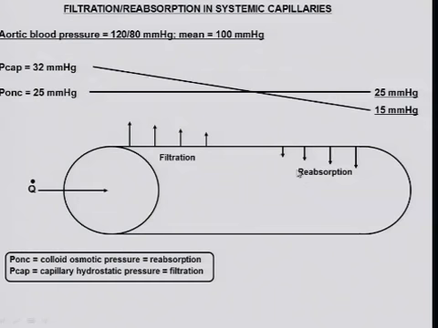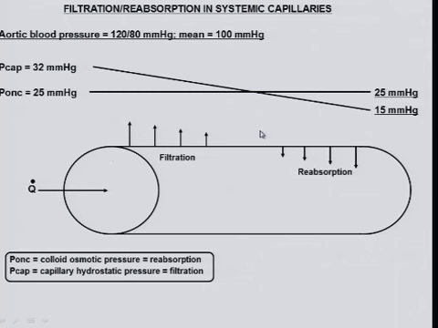So we have a net movement of fluid into the vessel. So we get reabsorption. All within the capillary bed, we get filtration and reabsorption. So that just helps to explain how we do get fluid movement into that interstitium. Now this is systemically, under systemic circulation.